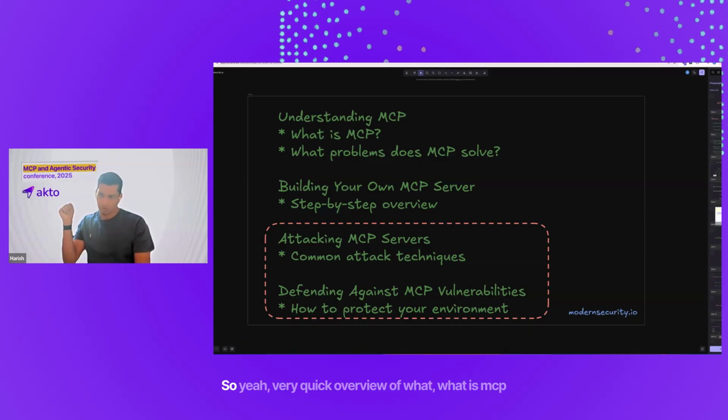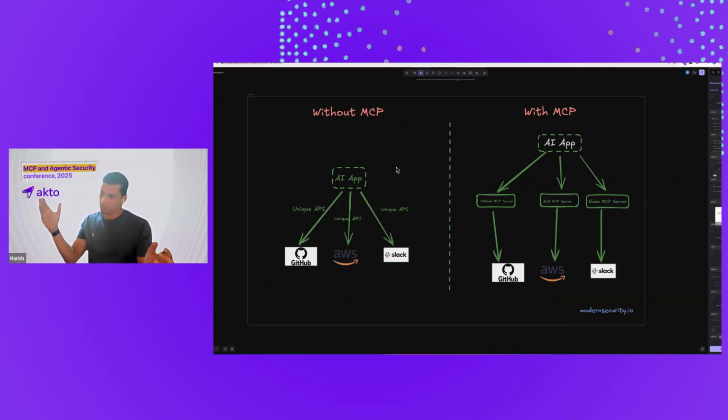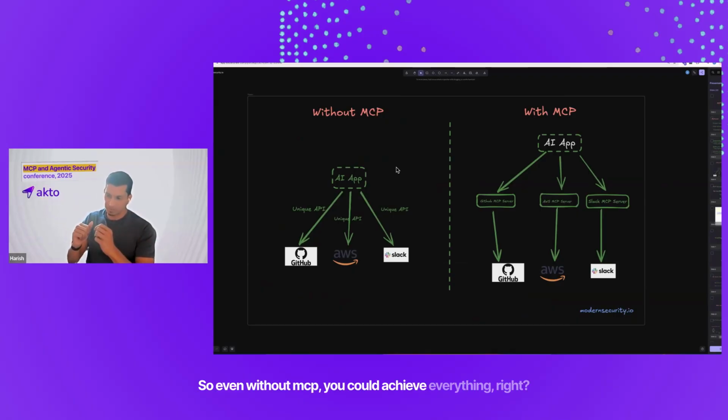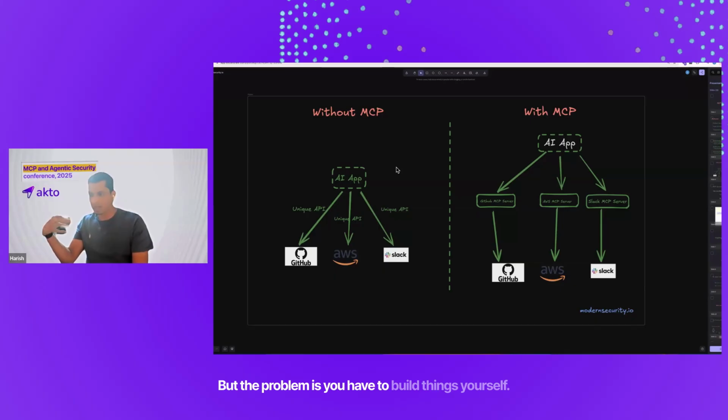So, a very quick overview of what is MCP, and I think this diagram illustrates this well. Even without MCP, you could achieve everything, right? You could achieve every functionality without MCP, but the problem is you have to build things yourself. So let's say you're building an AI app, and your AI app wants to connect to GitHub, AWS, Slack, or whatnot.